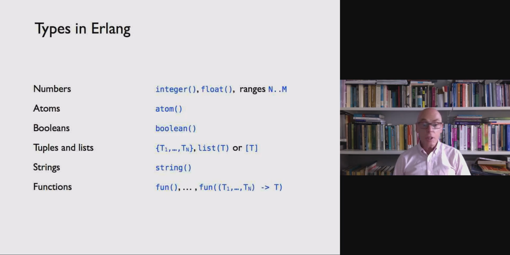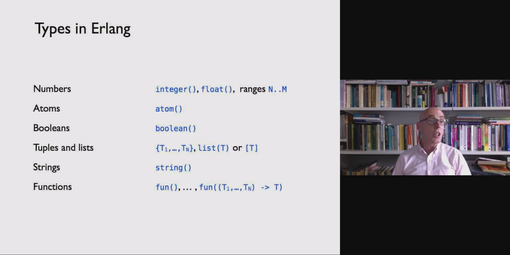And we have lists which we think of as being homogeneous, so a list of type T, though there is always the Erlang type any, so list of any can contain elements of whatever type you like. String, which is an abbreviation for list of characters.